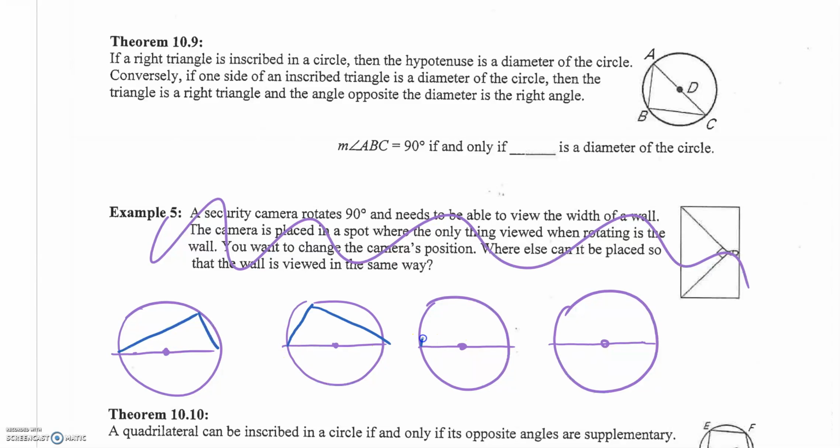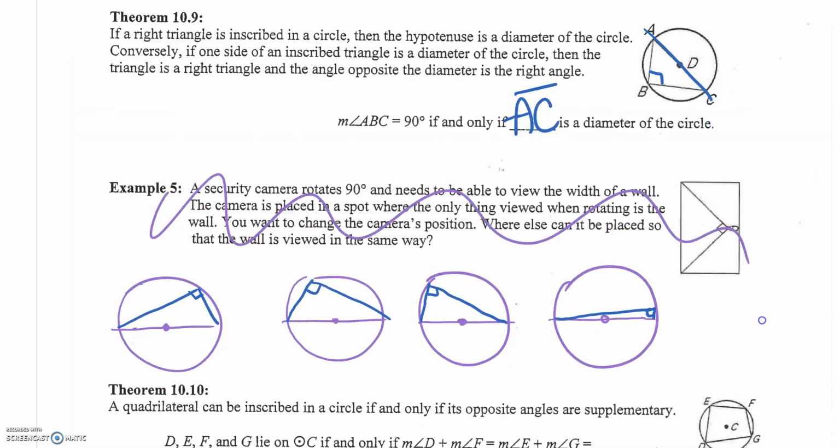Notice how these are all bound by this semicircle. No matter what happens, the inscribed angle is going to be 90 degrees. So in this one, ABC would be 90, if and only if AC is the diameter of the circle.